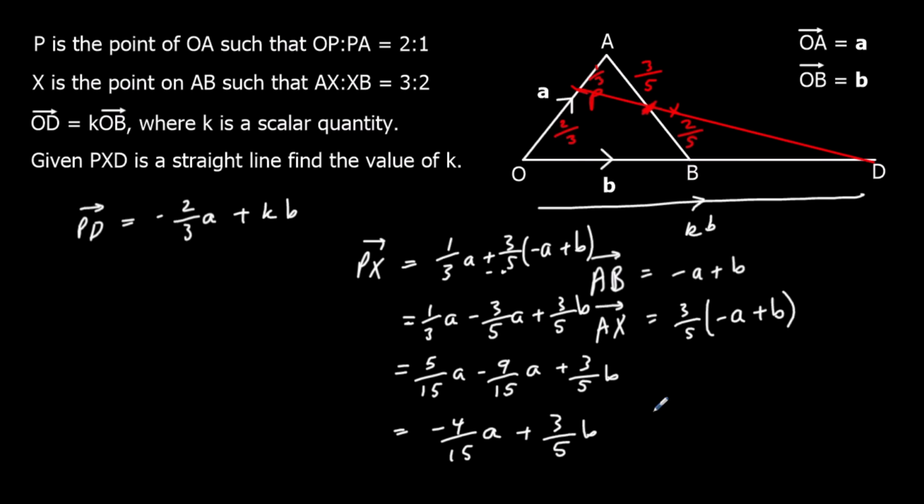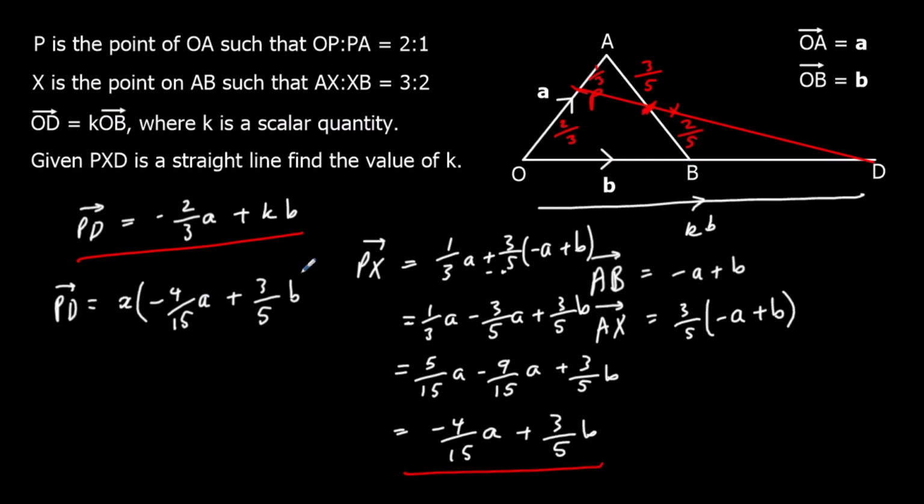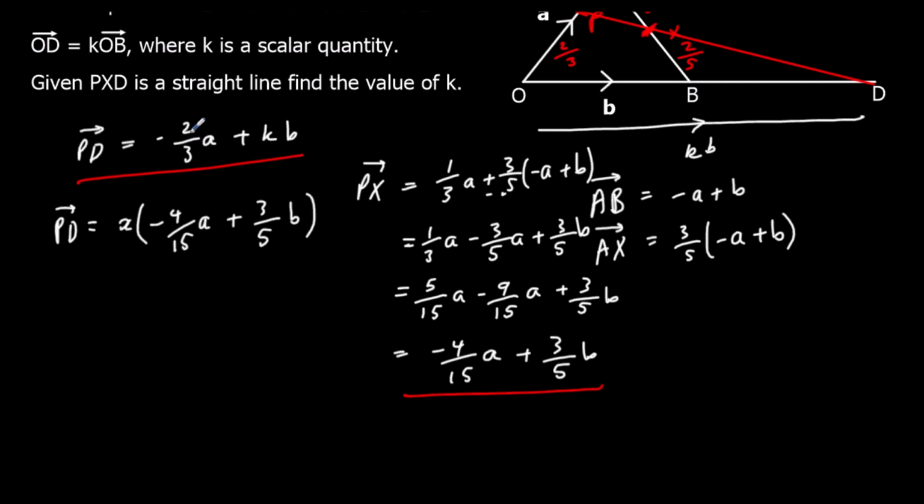And we're going to use the fact that P to X and P to D are a straight line, so one must be a multiple of the other. So I can say that P to X times something makes P to D. So P to D is something times minus 4/15 A plus 3/5 B. So now we've got two things in terms of P to D, so they must be equal to each other.